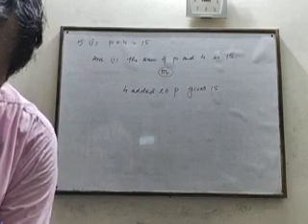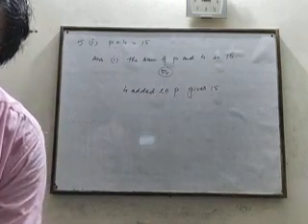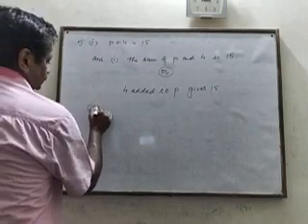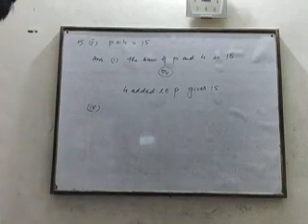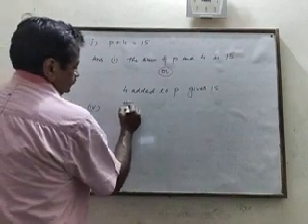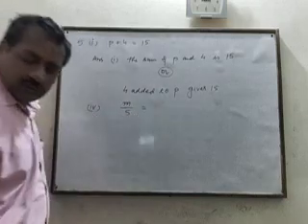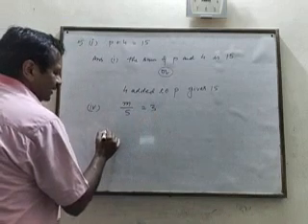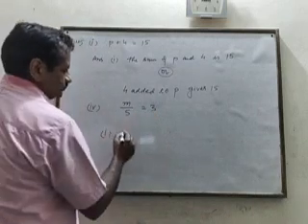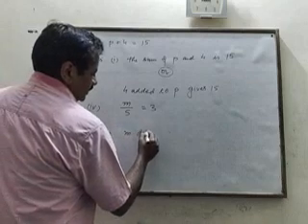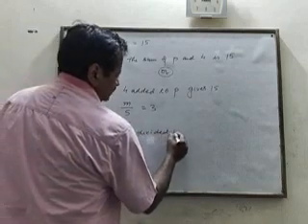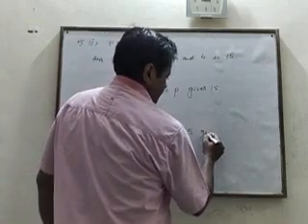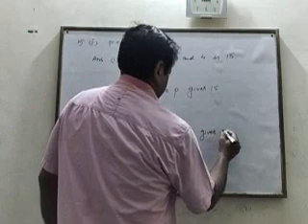For example, the fourth part: m upon 5 is equal to 3. So the answer can be given like this also: m divided by 5 gives 3.